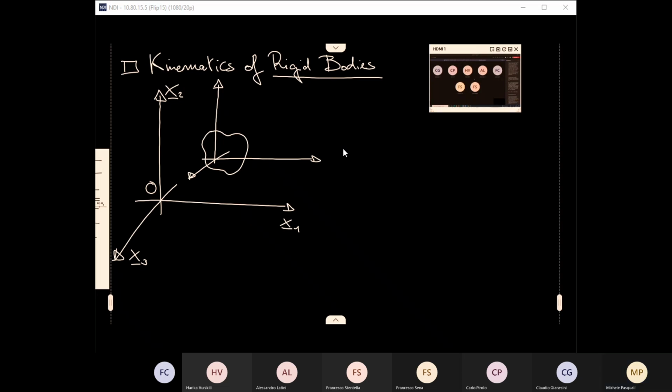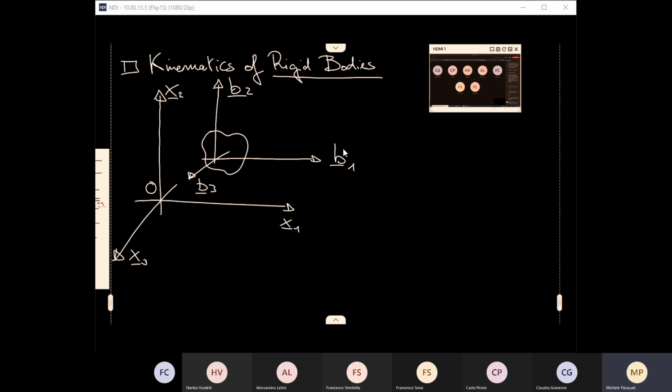So the local frame, we call it B1, B2, and B3. It's a right-hand Cartesian frame, as for the inertial one. All right. Now, how many parameters do you think we need in order to describe the local frame with respect to the inertial frame?